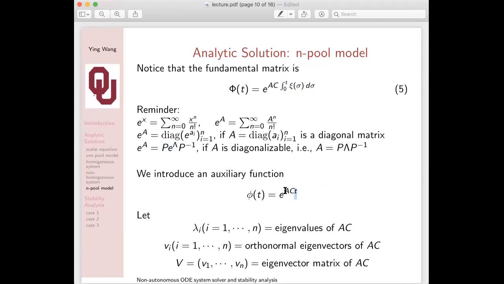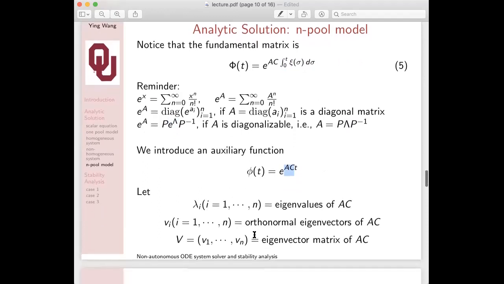Okay, and here for the matrix Ac, we assume that it has n eigenvalues, counting multiplicity, lambda 1 up to lambda n. And it also has n linearly independent eigenvectors. We actually need n linearly independent eigenvectors so that we can diagonalize the matrix.